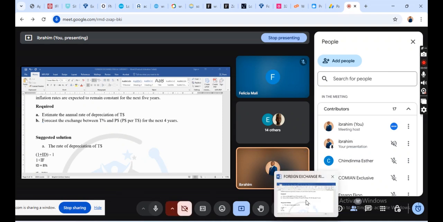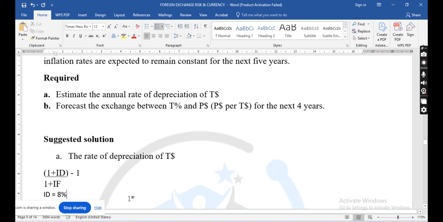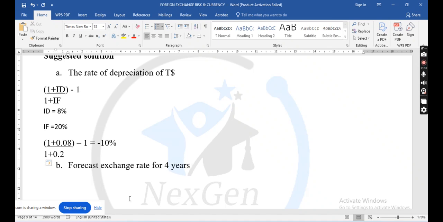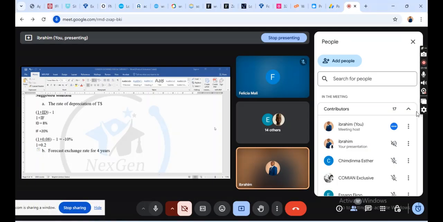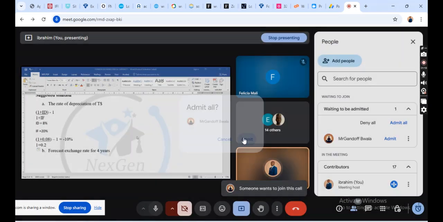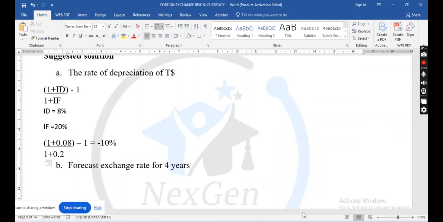So the forecast exchange rates for 4 years. Let's quickly go and bring our formula.